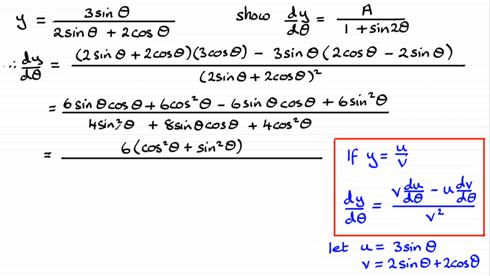And in the denominator, I can see here with the 4 sine squared theta plus the 4 cosine squared theta, if I pull out 4 there in front of those two terms, I've got sine squared theta plus cosine squared theta.